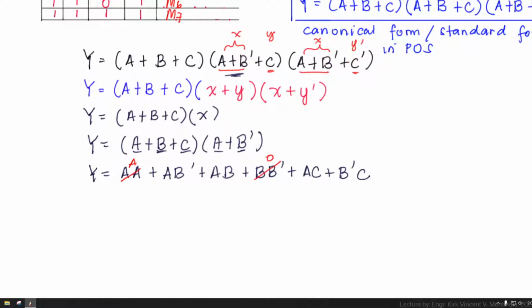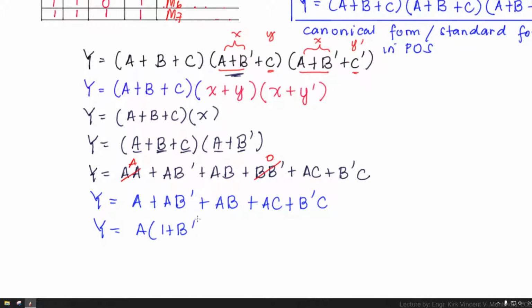Then, we proceed with Y is equal to A plus AB prime plus AB. Then, 0 already, plus AC plus not C, not B, and then C. I could factor out my A here. Y is equal to A, then 1 plus not B plus AB, and the rest of the equation.